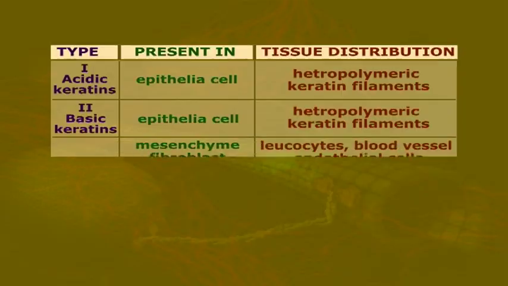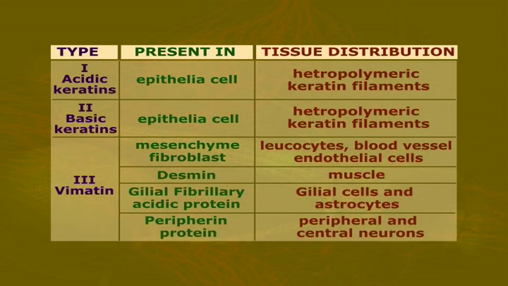Cytokeratins are more generally found in epithelia that line internal body cavities. Type 3 has vimentin present in mesenchyme such as fibroblasts and typically expressed in leukocytes, blood vessels, endothelial cells. Desmin is found in muscle, glial fibrillary acidic protein in glial cells and astrocytes. Very little is studied about peripherin protein of the peripheral and central neurons.